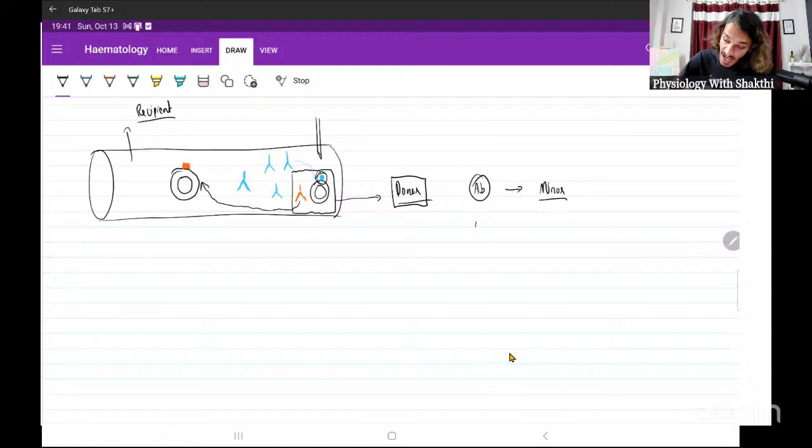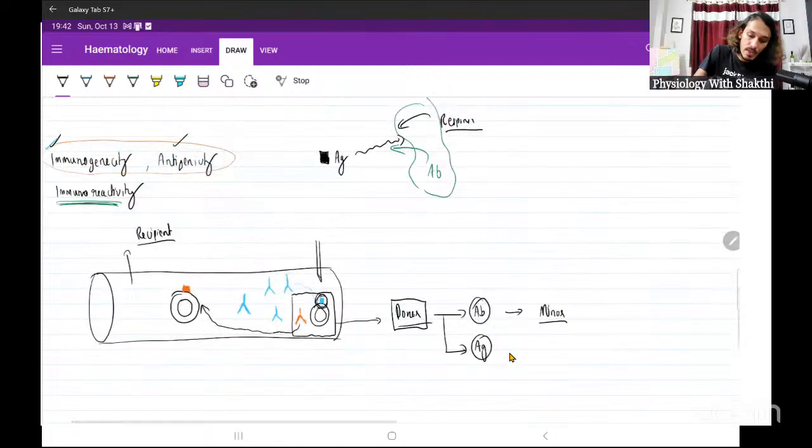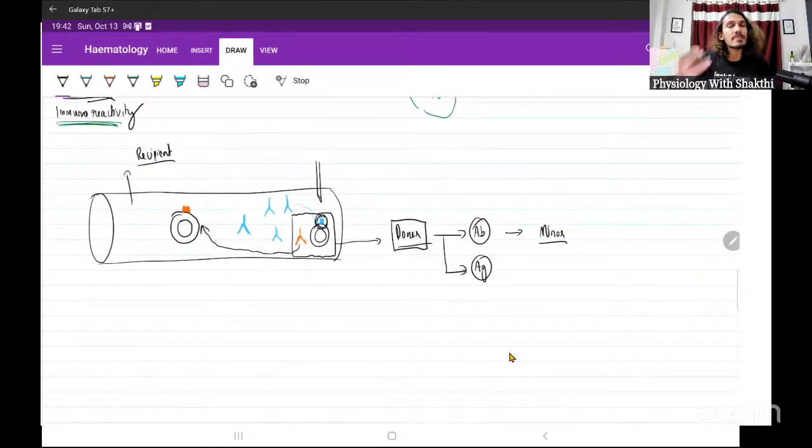But the antigen which is there in a donor, as long as that antigen is existing in the foreign person's blood, it'll keep on resulting in immunogenicity, which means the inflammation will keep on happening, antibodies will keep on coming in till that is completely removed from the blood. And this activity, immunogenicity, will result in a lot of inflammatory process which will keep on getting worse.